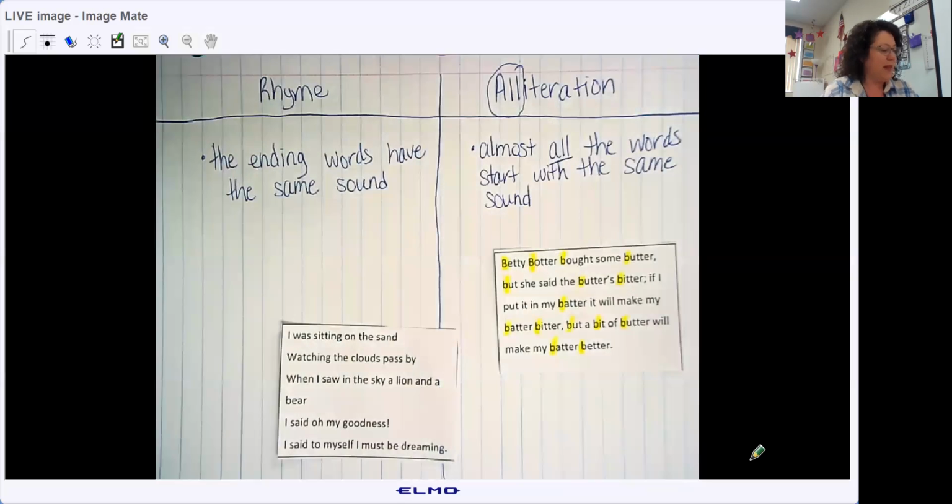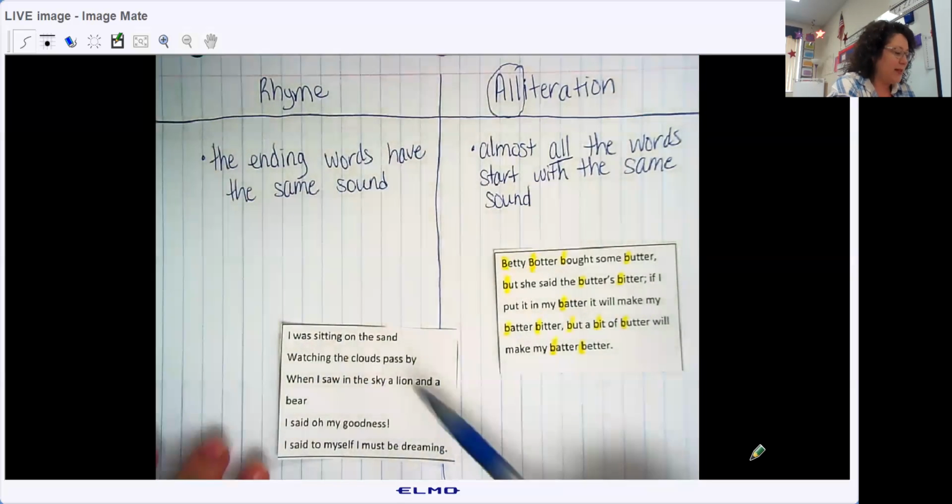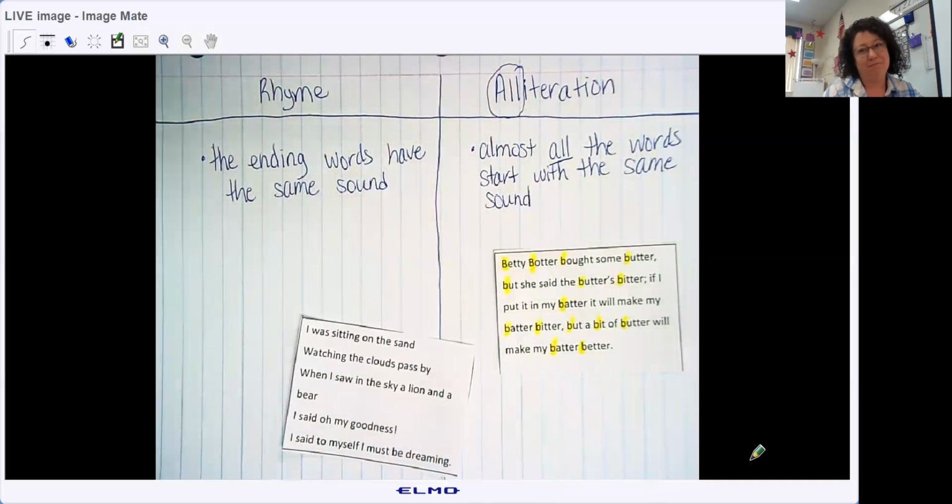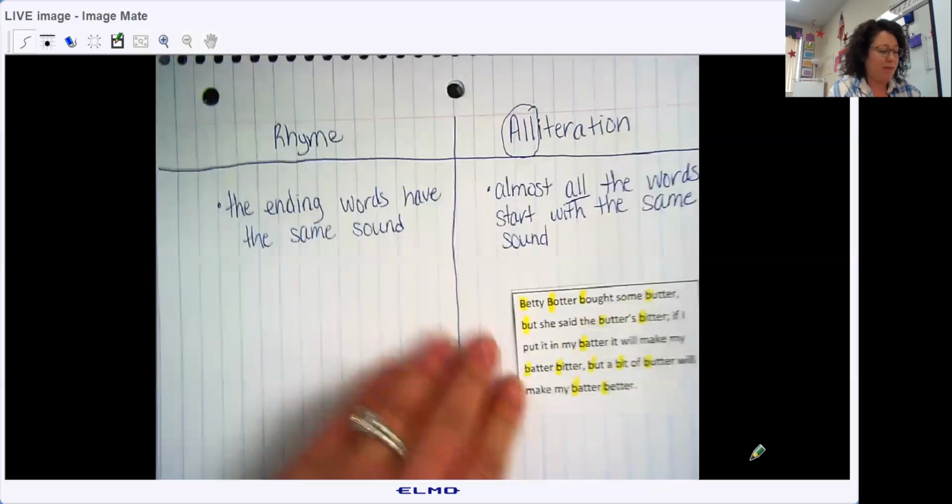Okay, so let's see here. Since you're on the rhyming page, does it rhyme? Ending words have the same sound. Sand, by, bear, goodness, dreaming. Same sounds? So it can't be a rhyming poem.